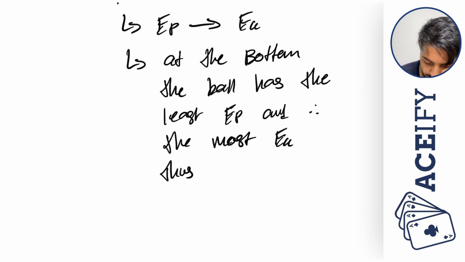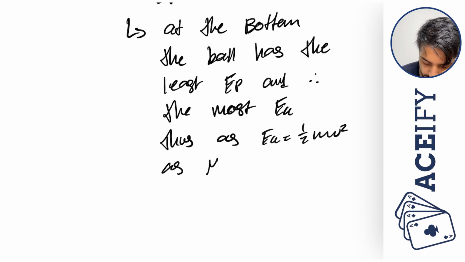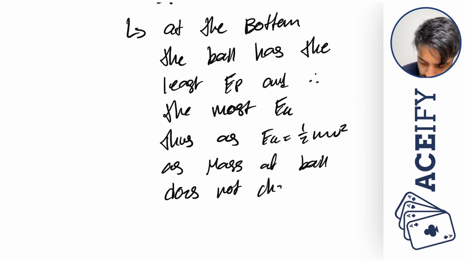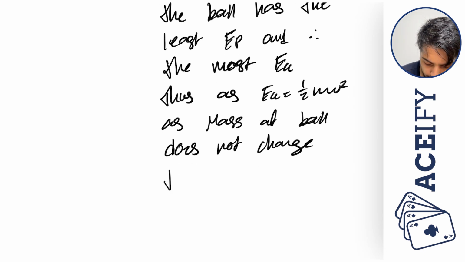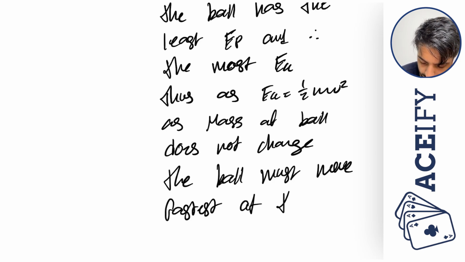Thus, as EK is equal to half mv squared, as the mass of the ball does not change, the ball must move fastest at the bottom.